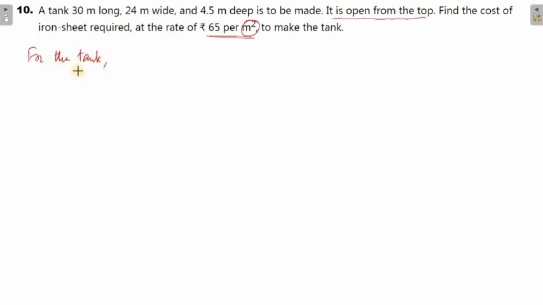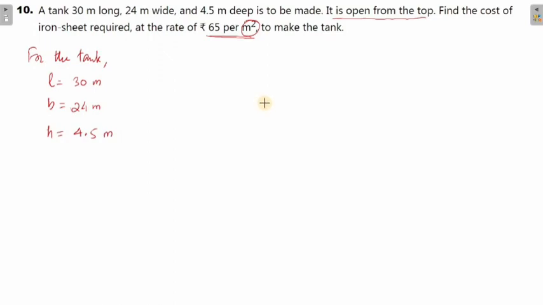Okay, so for the tank, it is given that length is 30 meter, breadth, that is the width, is given to be 24 meter, and height is the depth, right? So height is given to be 4.5 meter. Now you remember I have given you the formula for calculating total surface area of the roof, 4 walls, isn't it?